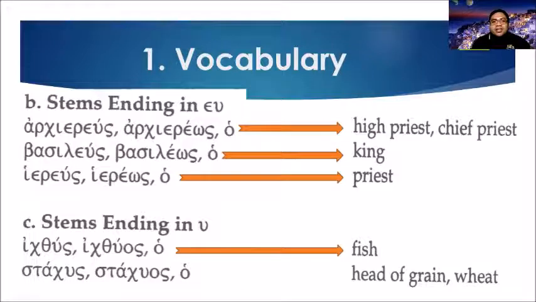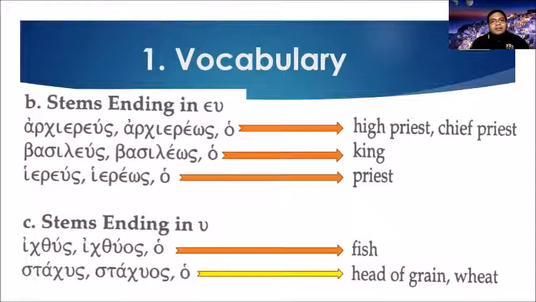We are familiar with this because this is also a sign of Jesus Christ. As we all learn, ichthus means Jesus Christ, God's Son, Savior. The last word here is stachus, and the GA is stachuos. It means head of grain or wheat.